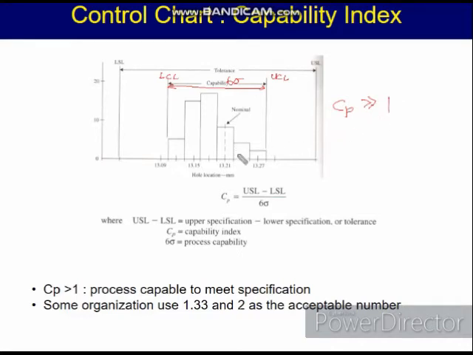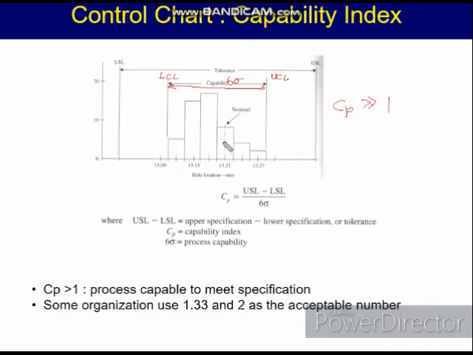So for this particular case, the Cp would be much greater than 1. As a reminder, this capability index calculation using the Cp value is only valid if the center of the process is at the center of the specification. Again, I repeat, the determination of capability of a process using Cp is only valid if the center of your process is at the center of your specification.